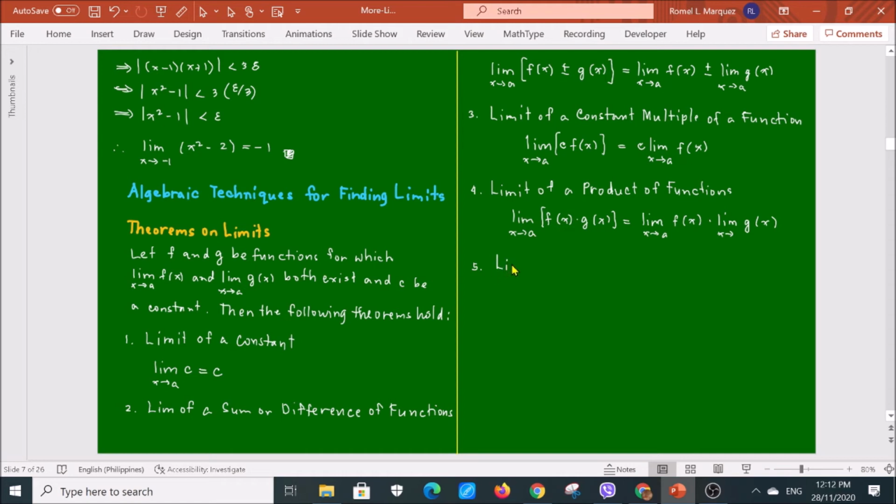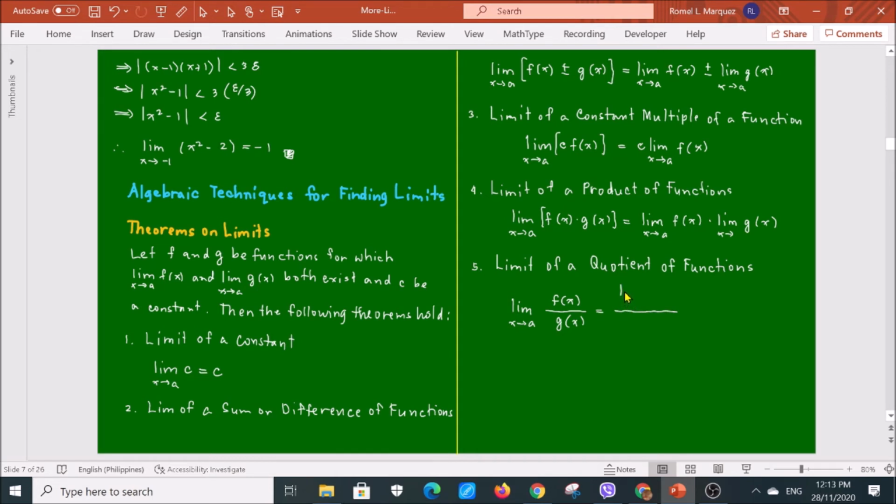What about a quotient? The limit of a quotient of functions. For the limit of a quotient of functions, we have limit as x approaches a of f of x over g of x. And this is equal to the quotient of their limits. Okay?